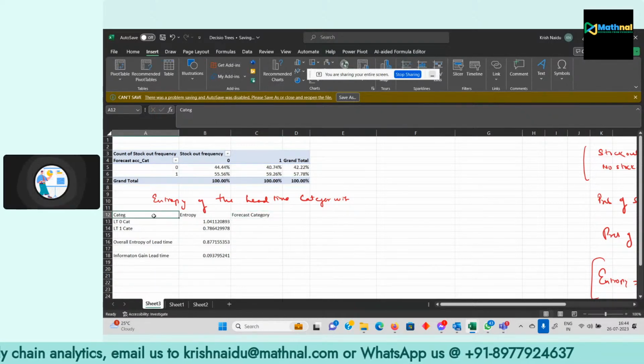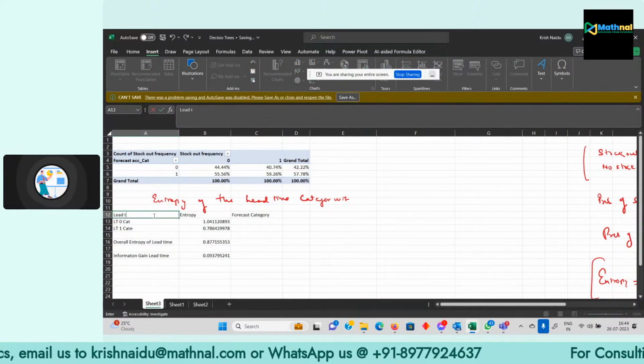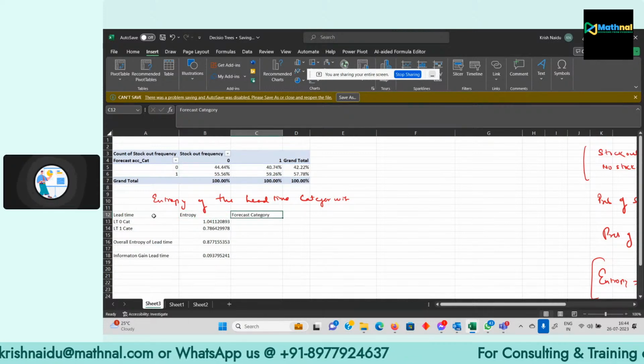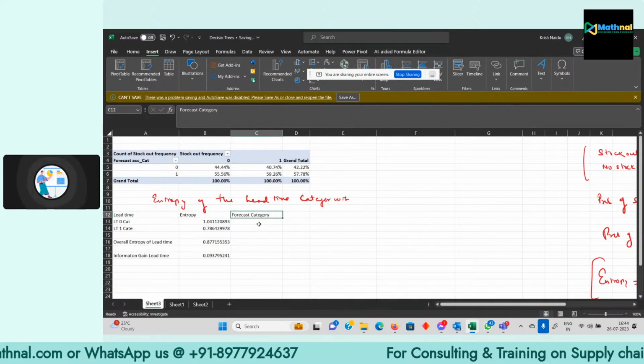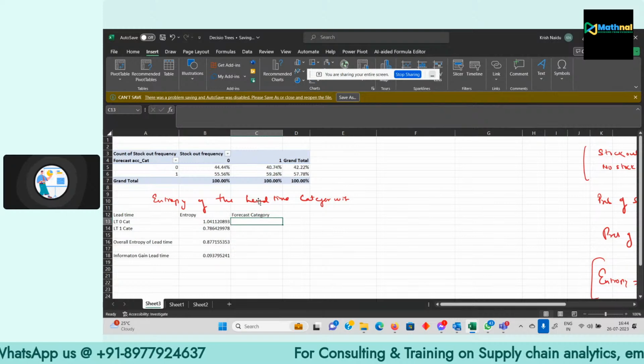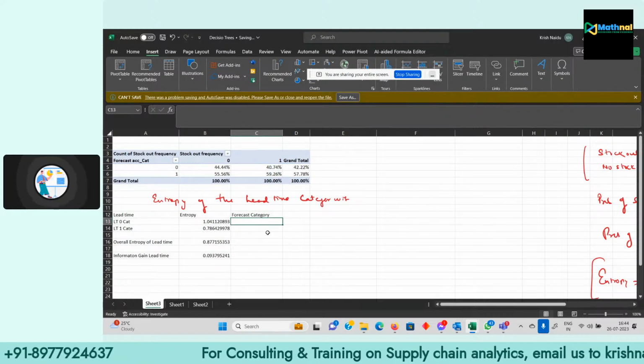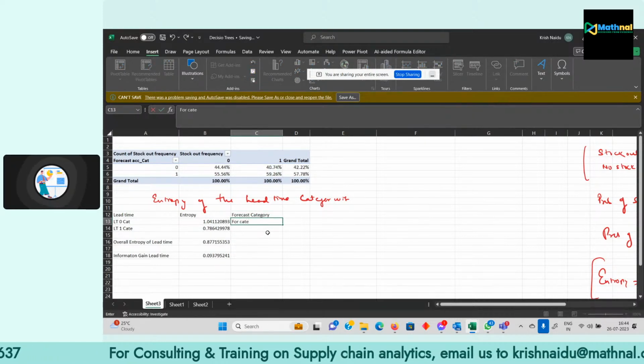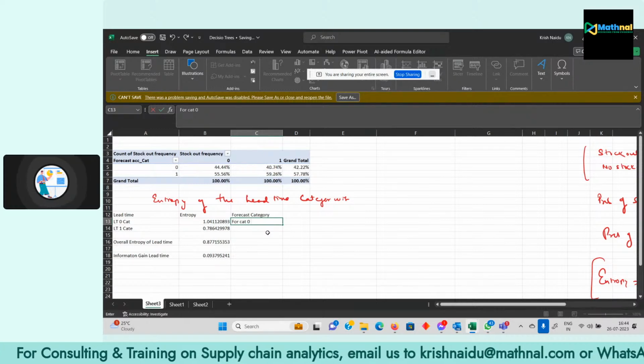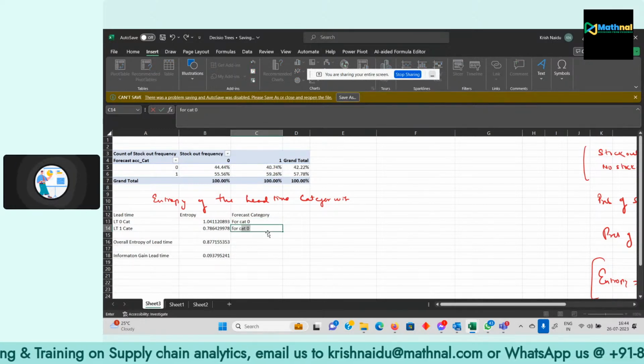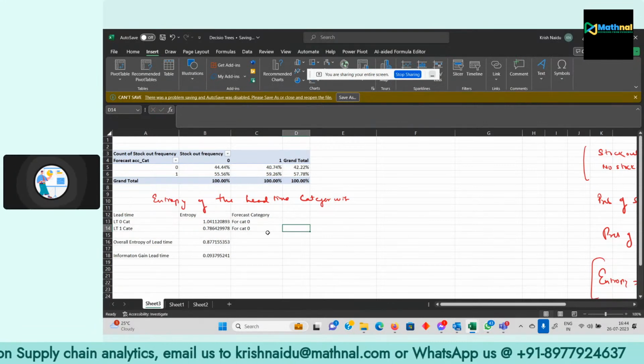We're going to pick which variable gives the best information gain as our splitting variable to make the first decision tree. So for forecast category 0, and similarly, we'll go to forecast category 1.